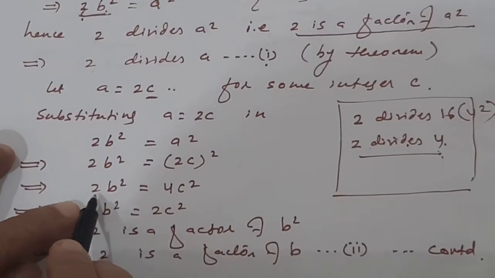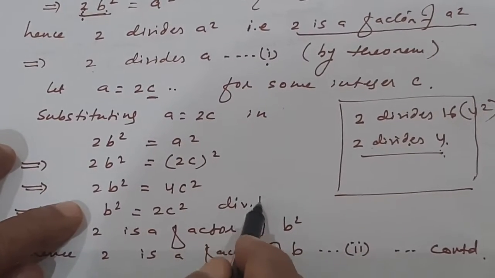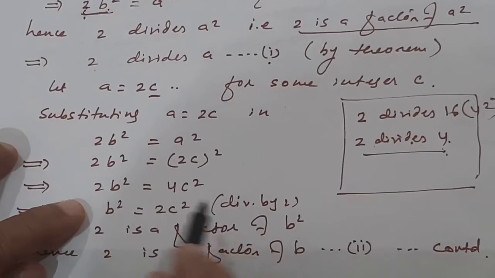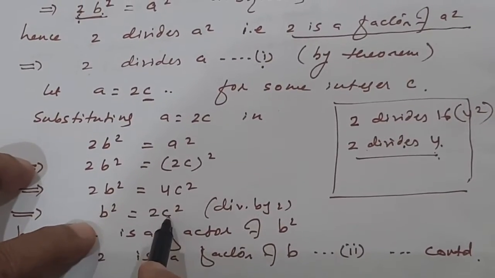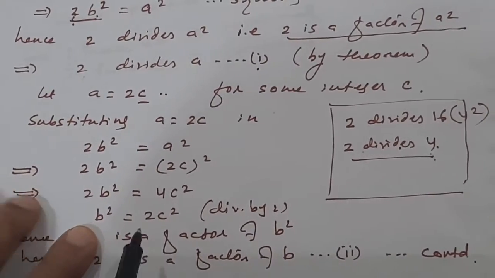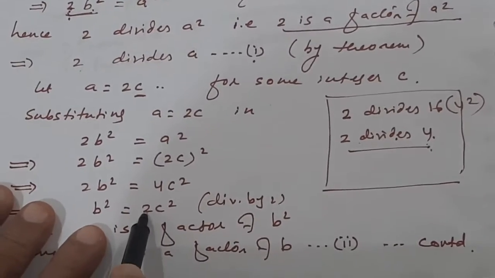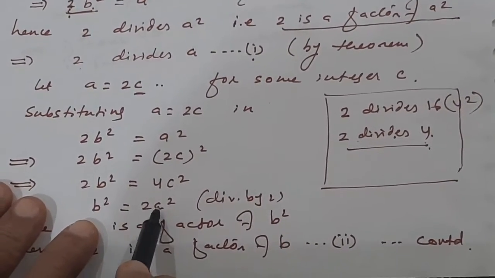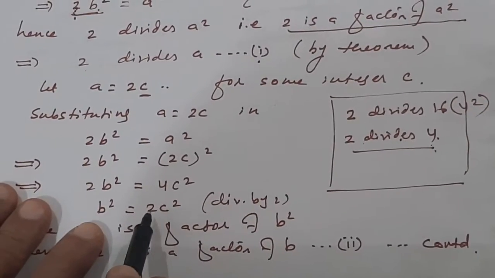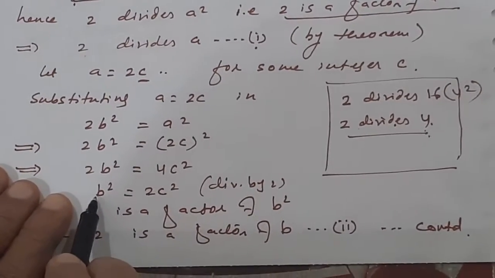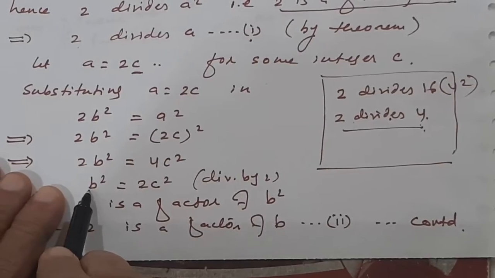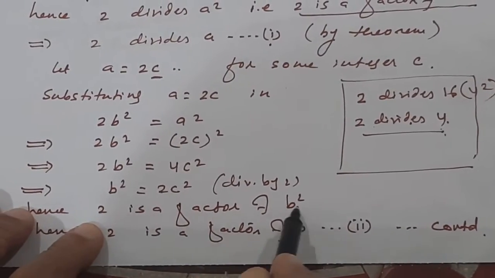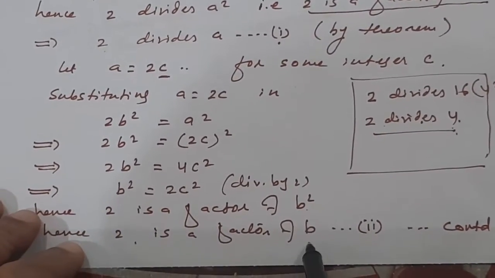Dividing both sides by 2, b square is equal to 2c square. So here again we come to know that 2c square is equal to b square. Now there are two factors, one is 2, one is c square. This shows that 2 is a factor of b square, and so 2 is a factor of b.